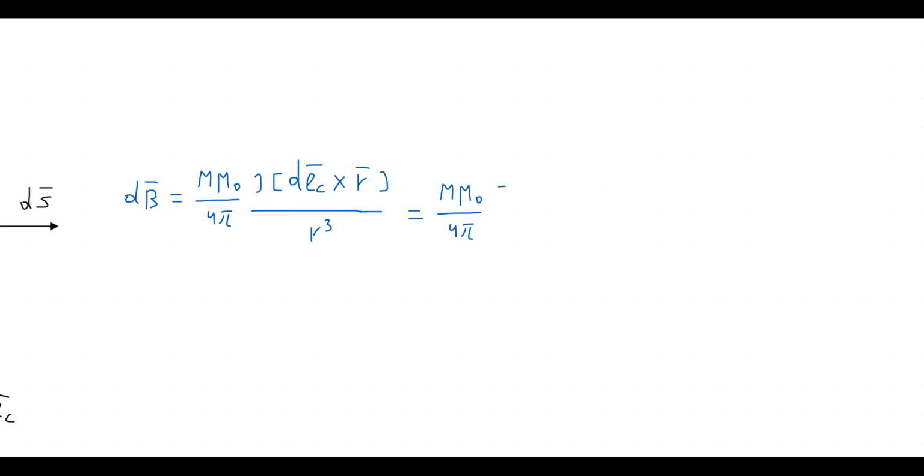I can write this inside a cross product, and here we have dlc multiplied by R, close bracket, and divided by R to the power of 3.